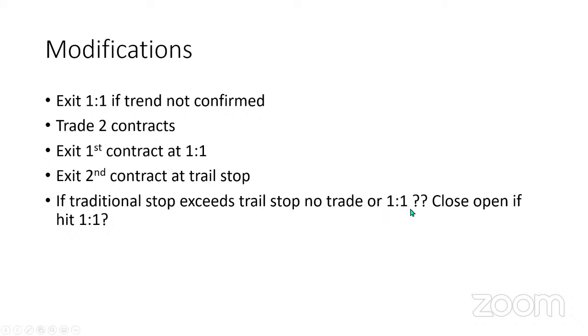And then, what did I say? Close, open. Oh yeah. If we're in a situation where it looks like the trend is changing, maybe you just go ahead and close your trades, right? There's nothing wrong with taking the money and running. So that's some of the modifications we talked about and thought about.